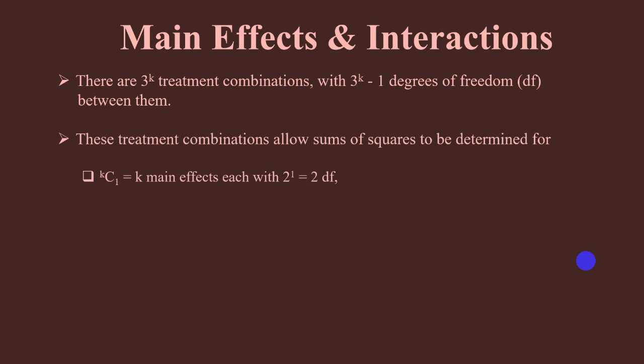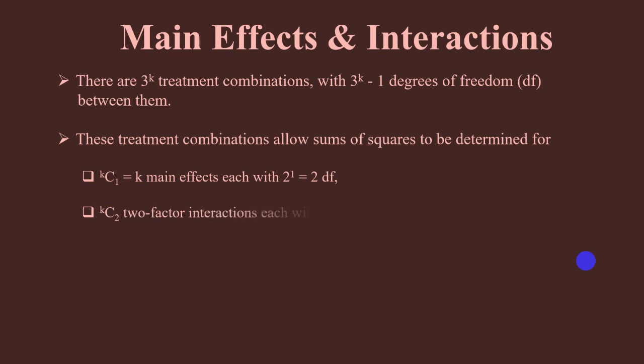Because there are k factors, out of that we have to select one, and this can be done in kC1 ways. So there are k main effects each with 2 raised to 1 equal to 2 degrees of freedom, because each main effect is representative of both linear and quadratic effect in a 3-level factorial design.